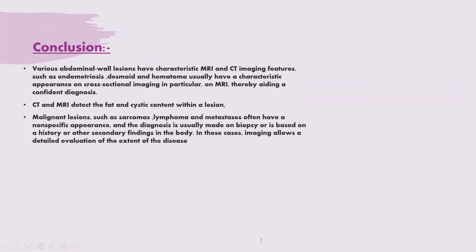Malignant lesions such as sarcoma, lymphoma, and metastasis often have a non-specific appearance, and the diagnosis is usually made on biopsy or is based on history or other secondary findings in the body. In these cases, the imaging allows detailed evaluation of the extent of the lesion of the disease.